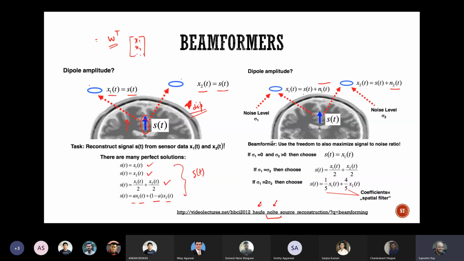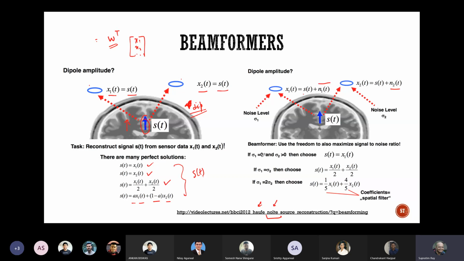Intuitively, you would say, I'm going to weight the electrode more if it is less noisy, and I'm going to apply a smaller weight if it is very noisy. It's like you penalize it for being noisy. So if you don't trust that signal, you will give it a small weightage.